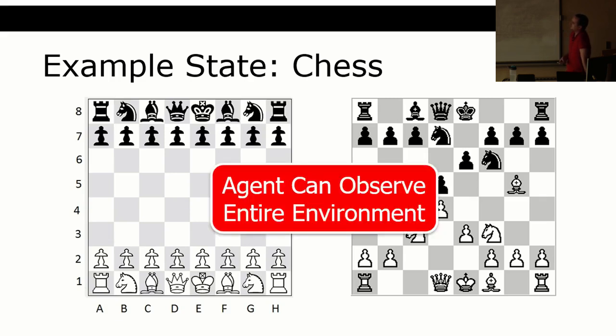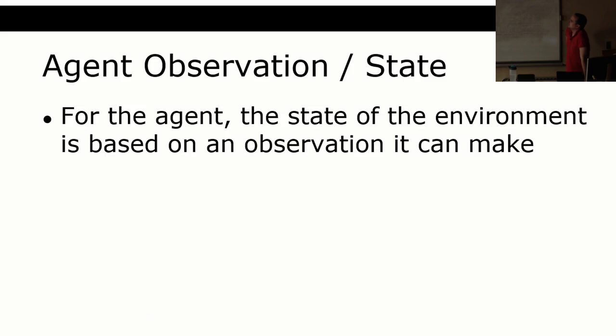And the agent can observe the entire environment in a game of chess. Okay, so all the pieces that are there, all the pieces that have been captured, you can infer that, and this is all you need to make the decision. So for the agent, the state of the environment is based on the observation that it can make.